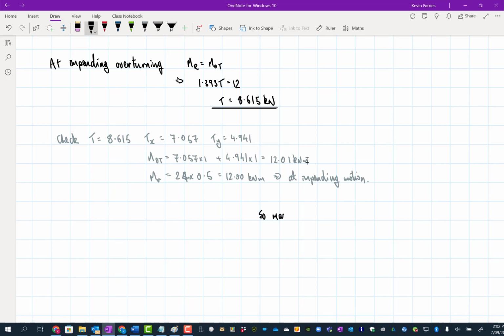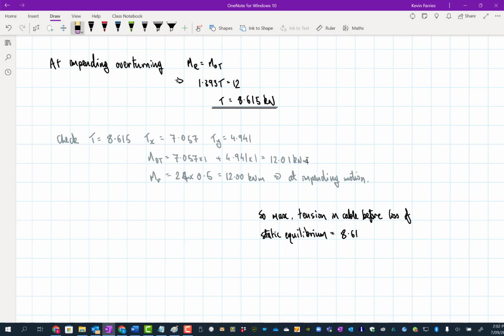So we'll just write that out. The max tension in cable before loss of stability or loss of static equilibrium is equal to 8.615 kilonewtons.